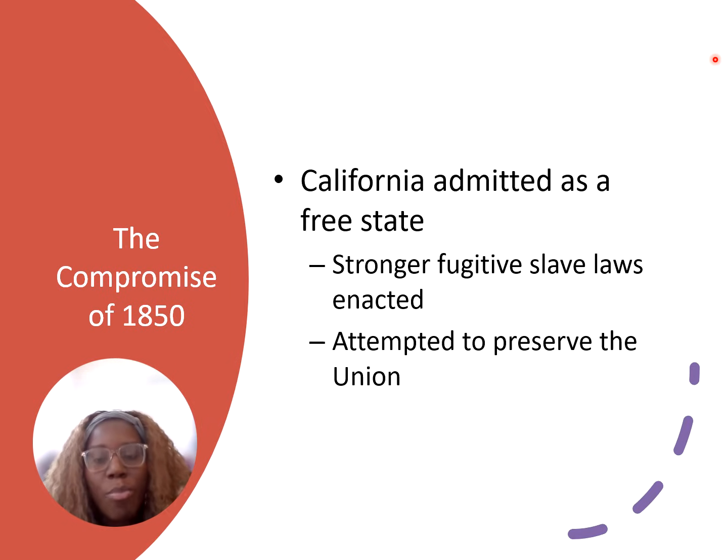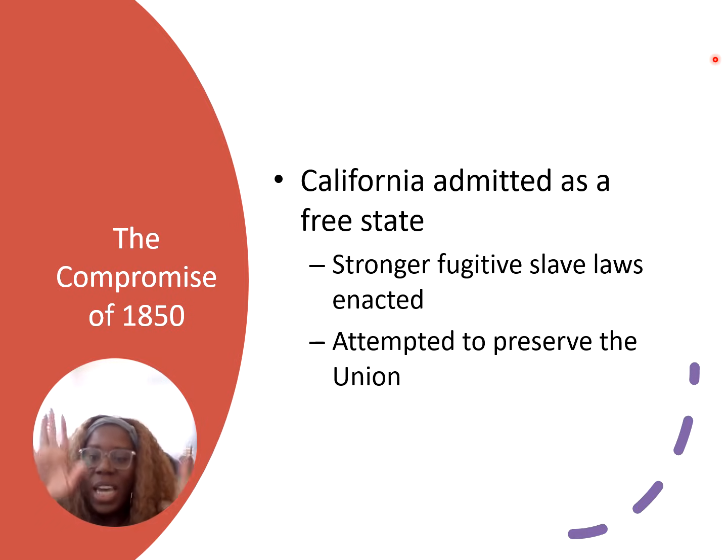And this will sort of break down what the Compromise of 1850 was. California, which was a part of the Mexican-American territory that we won from Mexico, became a free state. This also led to an increase in fugitive slave laws.